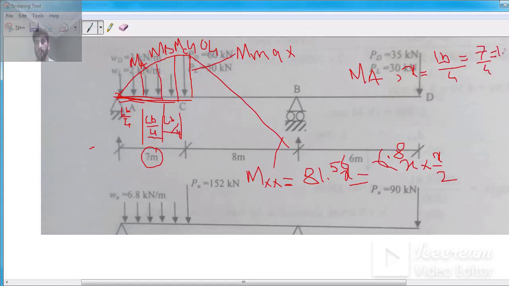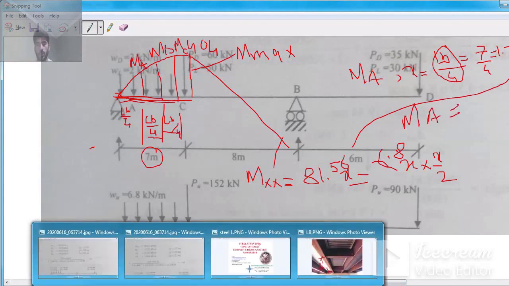This means that LB by 4 for this portion AC is 1.75. Now plug this value in this equation, and you get your MA, which you see here is 132.32.